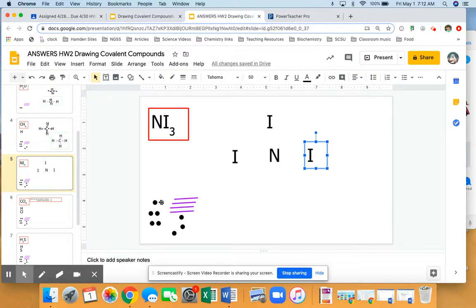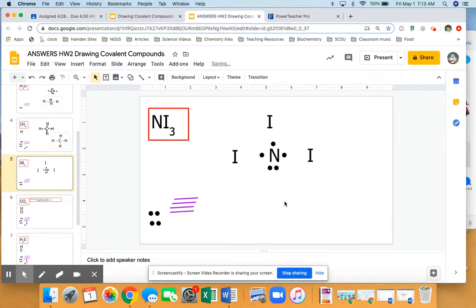Nitrogen had 5 total, so I'm going to draw the 2 on its side by itself, and then 1, 2, 3 on each side of nitrogen, and each iodine had 7 dots total. So 2, 4, 6.